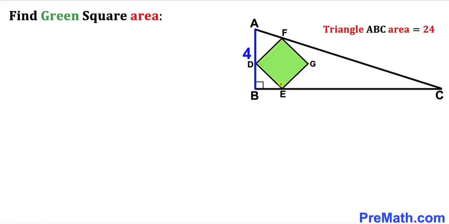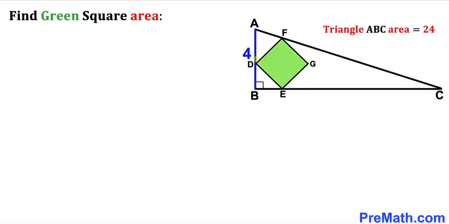Welcome to Pre-Math. In this video, we have this green square DEFG fully confined in a right triangle ABC, as you can see in this diagram, such that this side length AB of this right triangle is 4 units, and the area of this triangle ABC has been given to us as 24 square units.